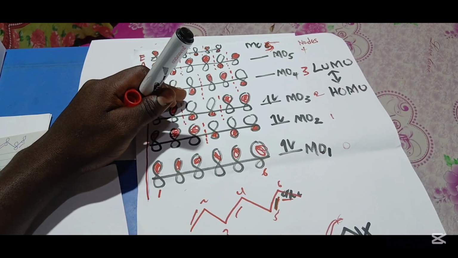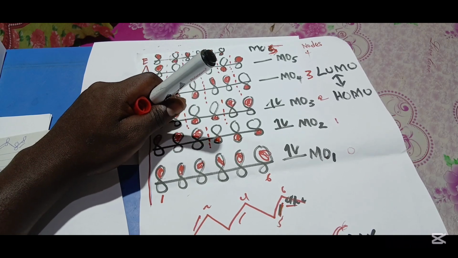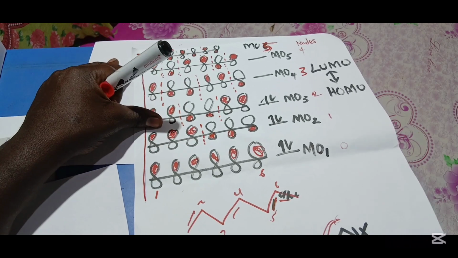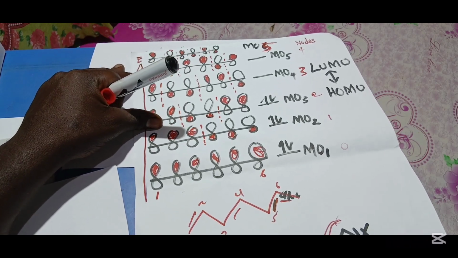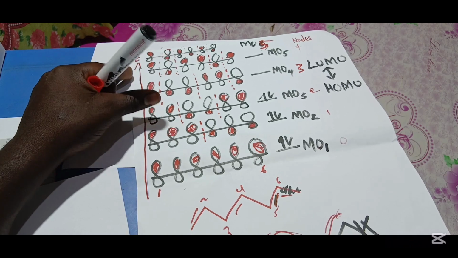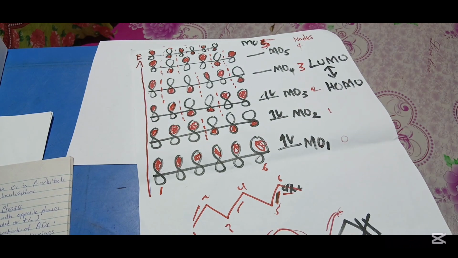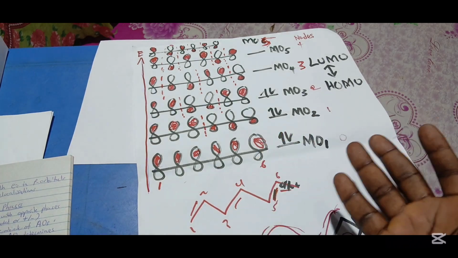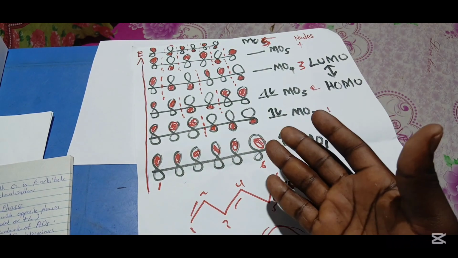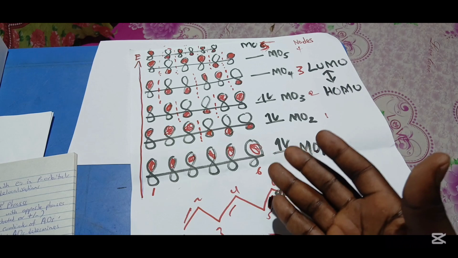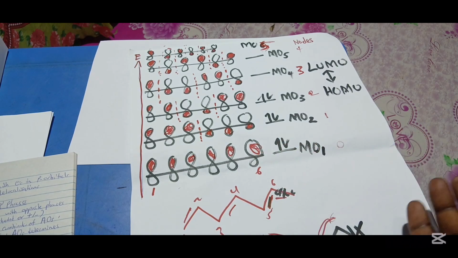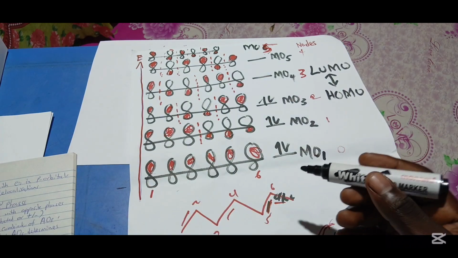Now in the next video, we are going to apply it in predicting the reactivity of pericyclic compounds, because we know that molecular orbitals are formed by linear combinations of atomic orbitals, and the phases of the atomic orbitals determine the phases of the molecular orbital. That is what the frontier theory is about.